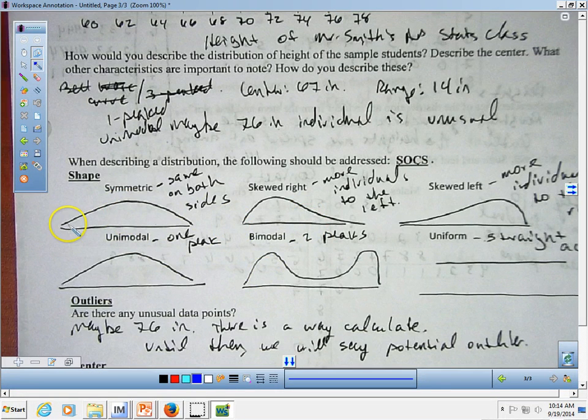So again, under this density curve, it's all above the horizontal axis. 100% of the observations are under here, right? So if I wanted to know what percent of observations are in this area here, then I would just calculate the area for that guy right there, okay?